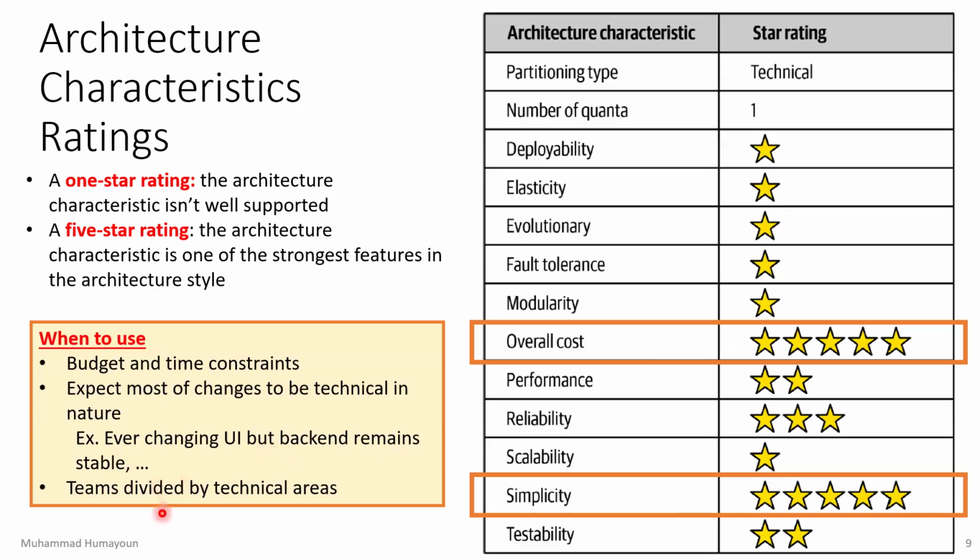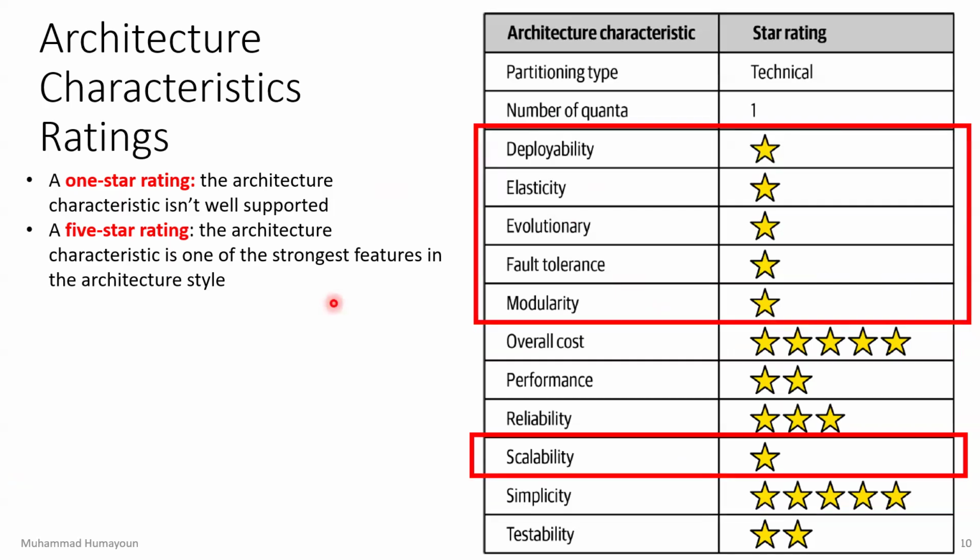And your software development teams within your organization are divided by technical areas. So you have some developers related to UI, some developers related to backend, some developers related to database architecting. Then having a layered architecture would be a wise decision.